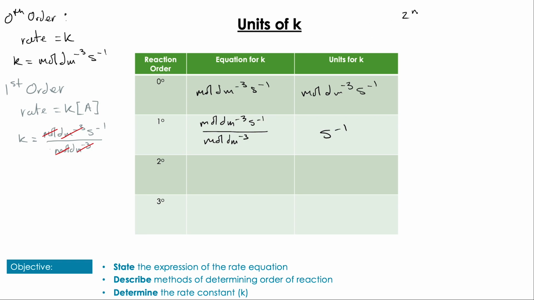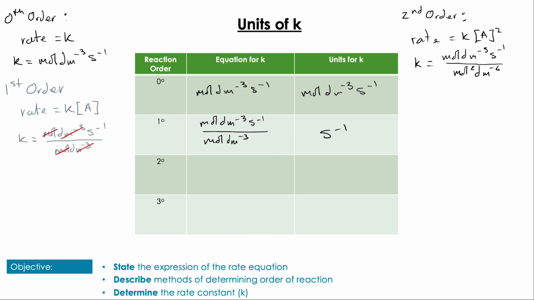In the case of a second order reaction, we of course have rate equals k times [A] squared. So that means the expression for k is going to be moles per decimeter cubed per second over moles per decimeter cubed, all squared.